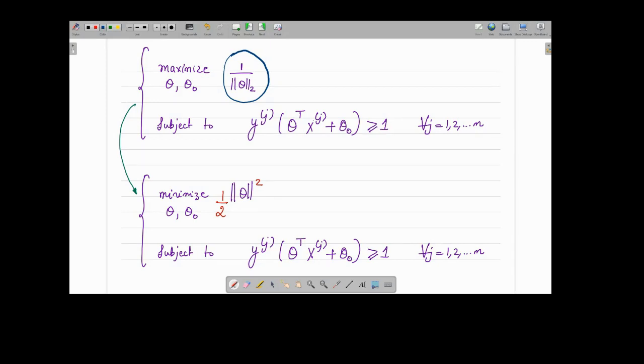So the whole objective function will become a minimization. Also, if you scale it by a factor or square the argument by 2, the solution of the optimization problem will not be affected. So basically both optimization problems are nearly the same. What we are trying to get here is an optimization setting which gives you an easy way to solve it.